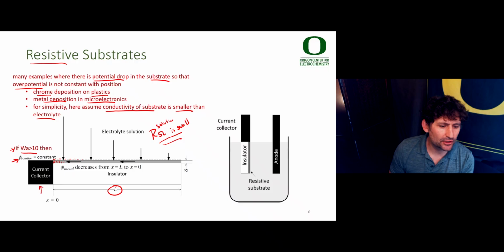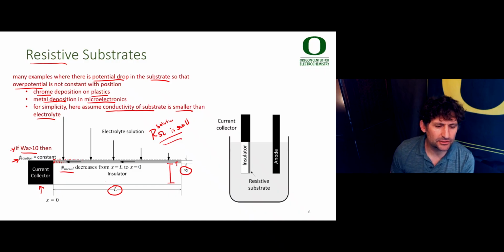On the left here, we have a current collector, which is where the electrons are coming from that reduce the ions to metal. The surface of the electrode is metallic, and it's typically a thin film. That's why it's resistive, and it's sitting on an insulator that can't conduct electric current.